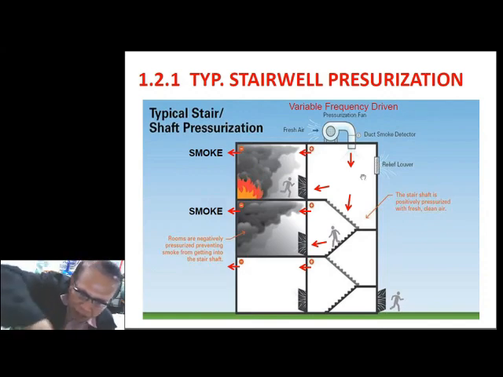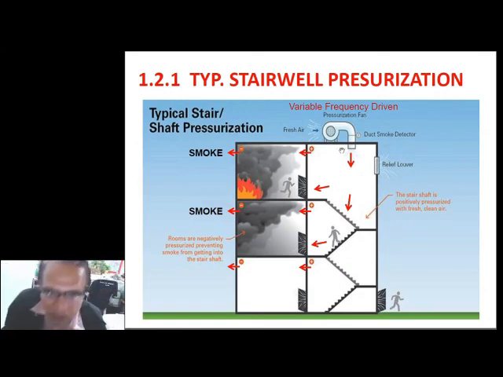Pag malakas yung pressure, bubukang ganyan para lumabas yung hangin. Pero mahirap i-calibrate yun. Hindi katulad kung may pressure sensor ka dito, siya ang pwedeng mag-send ng signal sa fire alarm control panel at para pabagalin o pabilisin itong controller nitong pressurization fan.